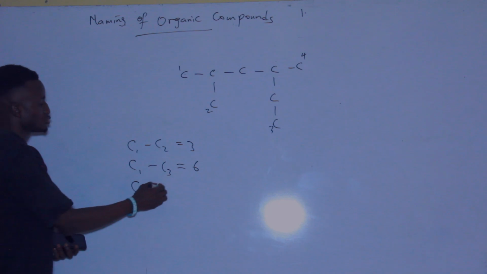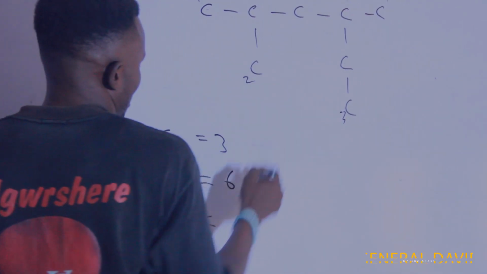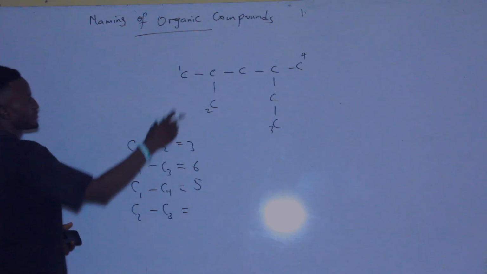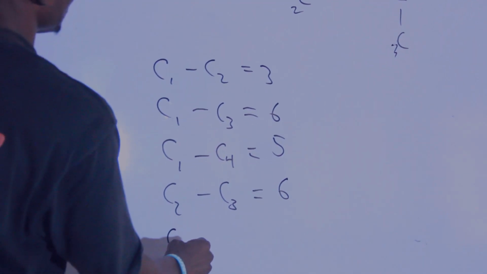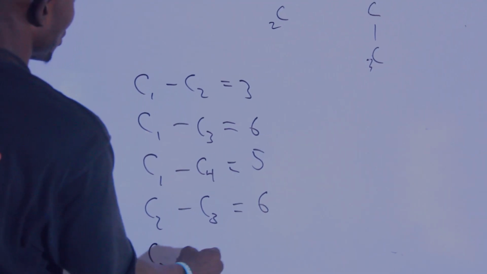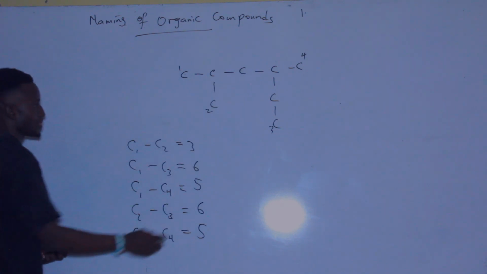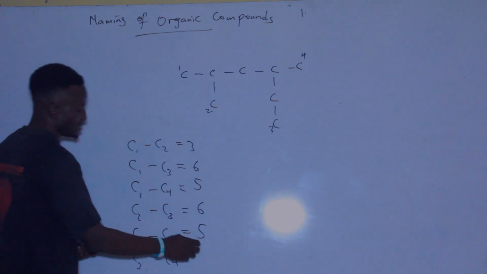From carbon 1 to carbon 4, the number of carbons is just 5. You count. Then from carbon 2 to carbon 3, the number of carbons is 6. From carbon 2 to carbon 4, it is 5.